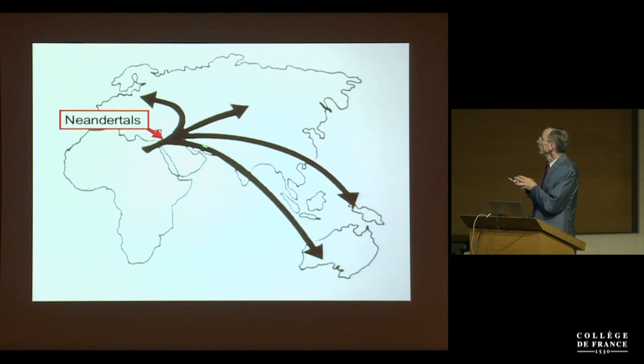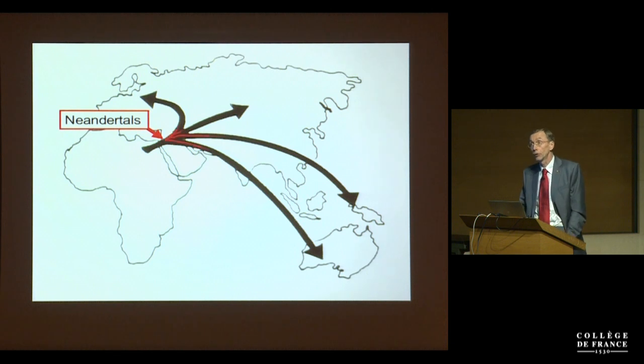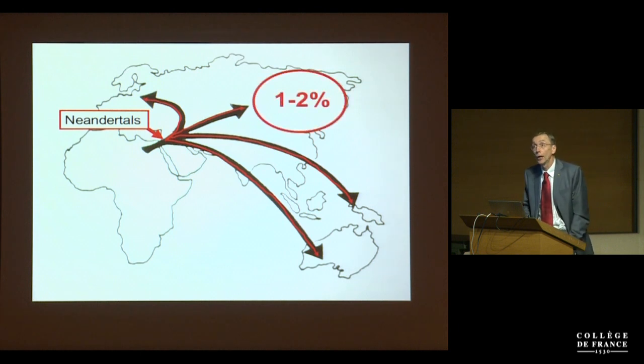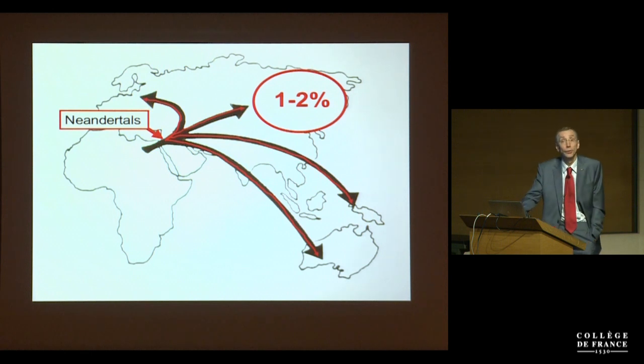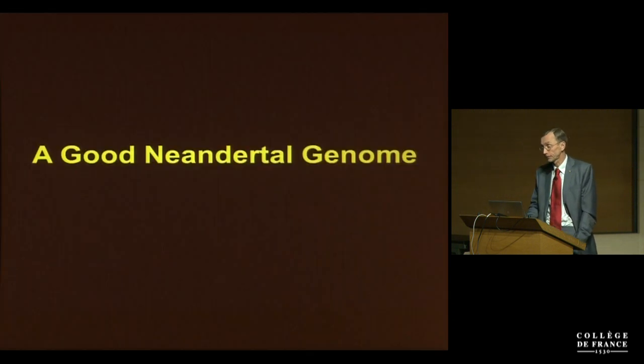And if these early modern humans mixed with Neanderthals and then went on to become the ancestors of people in the rest of the non-African world today, they can carry with them a contribution from Neanderthals also to parts of the world where Neanderthals have not existed, to the extent that somewhere between 1% and 2% of the DNA of people whose roots are outside Africa today comes from Neanderthals.